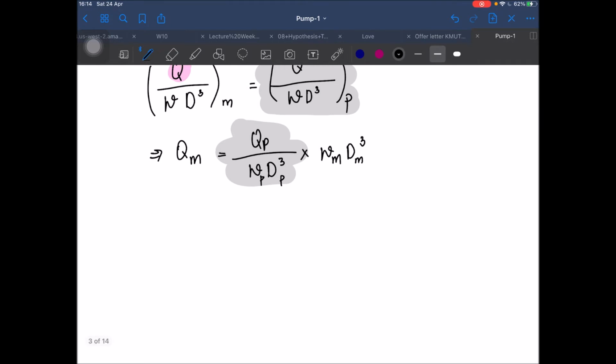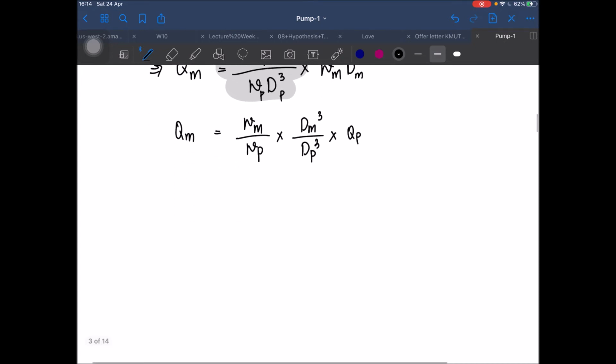Okay, so now we can write it as Wm over Wp multiplied by Dm cubed over Dp cubed multiplied by Qp. Okay, so now we have everything here to find the flow rate of the model pump.